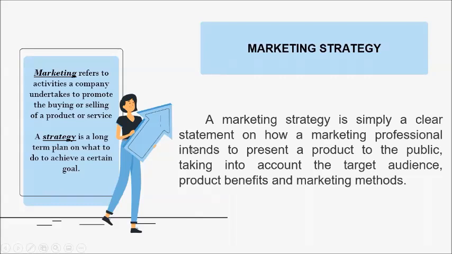And when we say a strategy, it's a long-term plan on what to do to achieve a certain goal. So generally, when we say strategy, it involves setting goals and priorities, determining our actions to achieve the goals, and mobilizing our resources to execute the actions. So a strategy describes how the ends or how our goals will be achieved by its means or our resources.